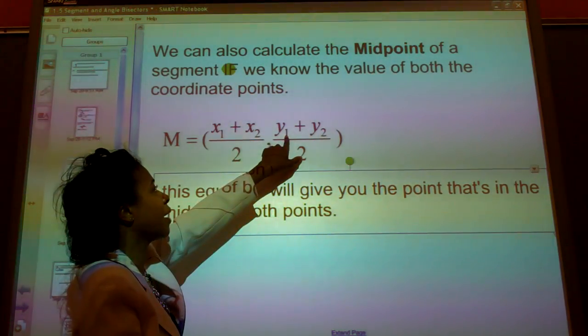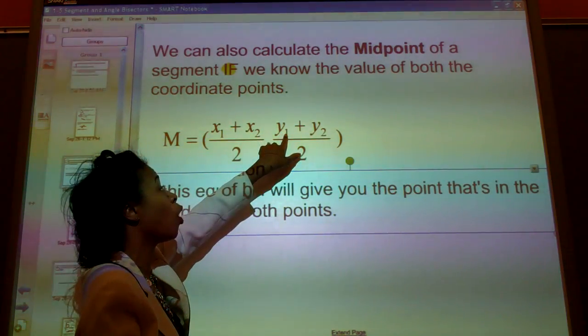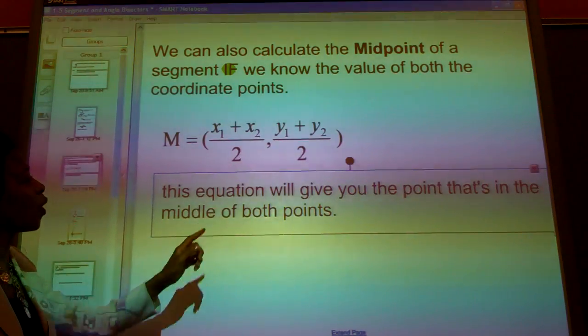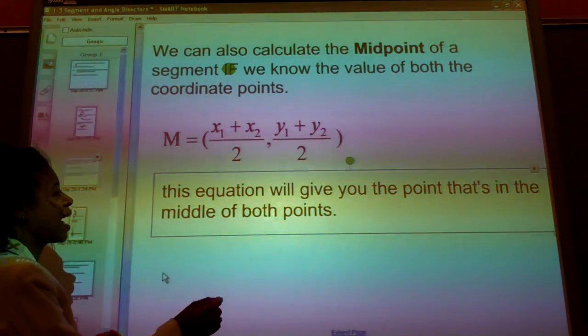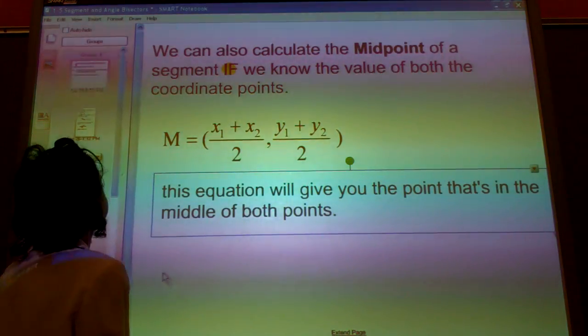And this is Y sub 1 plus Y sub 2 divided by 2. This equation again will give you the point that's exactly in the middle of both points. We're going to do an example of this.